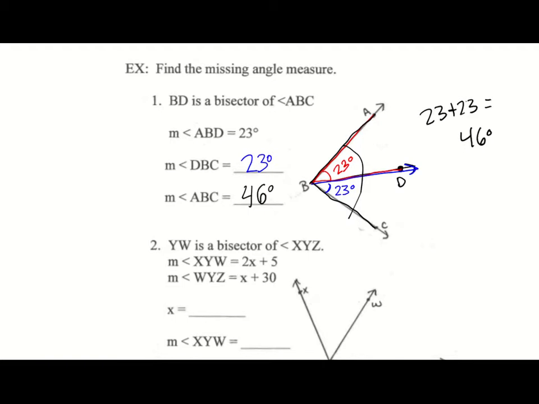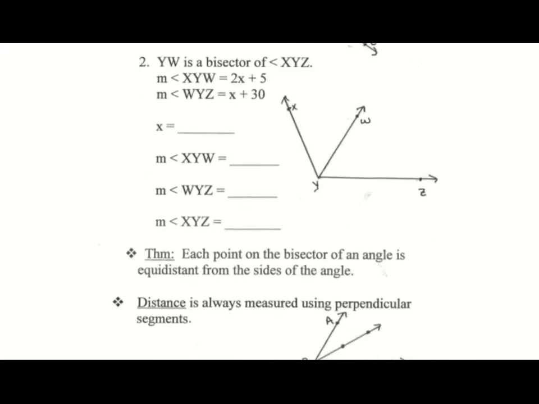Okay, let's look at number 2. Number 2 says that YW is a bisector of XYZ. So we know YW here is cutting this in half.